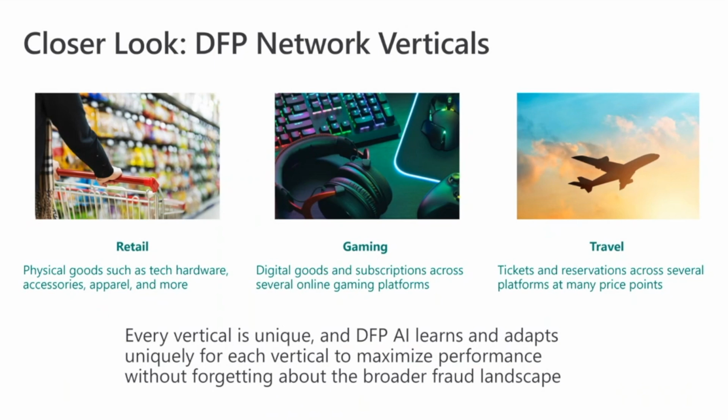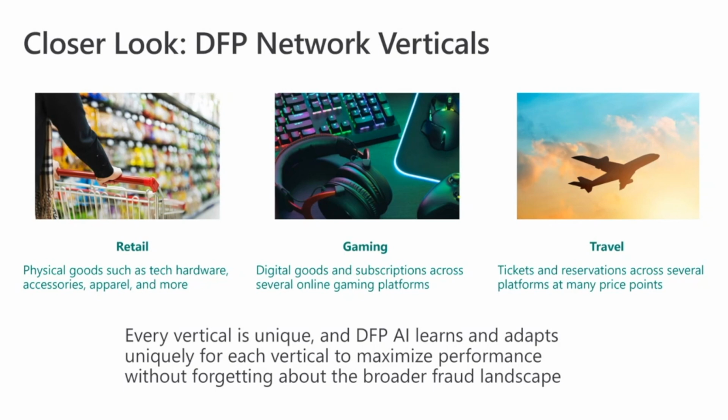If you're selling physical goods that are shipped from a warehouse, your attack vectors and your potential loss rates are different from digital goods or digital assets that you are selling, say, in an Xbox store, which can be revoked or called back. Because of this, we have built the concept of verticals within a fraud protection network that allows us to further optimize and further fine-tune the machine learning models based on fraud that looks alike or transactions that look alike.